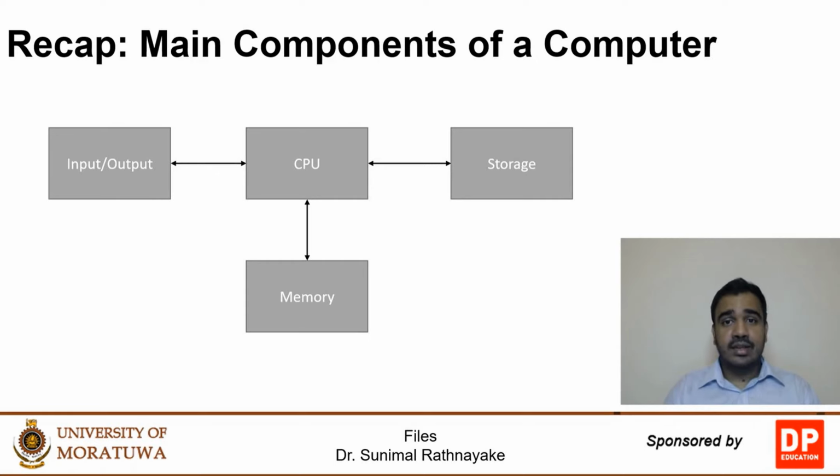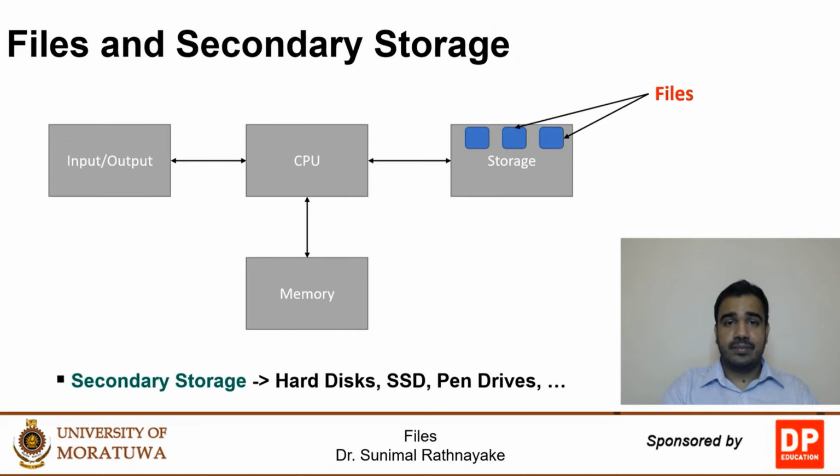In other words, the main memory is a temporary memory where the contents would be deleted when we switch off the power. Therefore, the work we do needs to be saved in some kind of persistent storage so that we can use that later. The persistent storage is also called secondary storage of a computer.